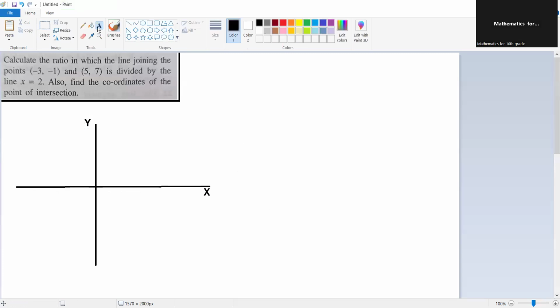Let's see the first point, which is (-3, -1). So -3 would be somewhere here, I'll mark with pen, and -1 would be somewhere here. So -3 is the x coordinate and -1 is the y coordinate. So this is the point.